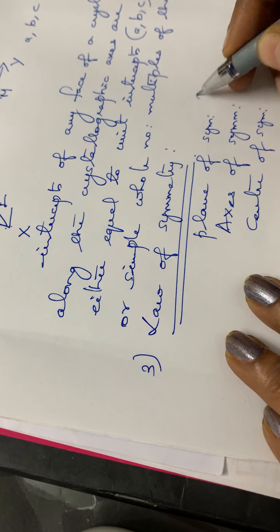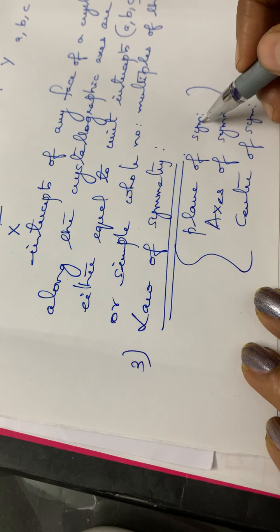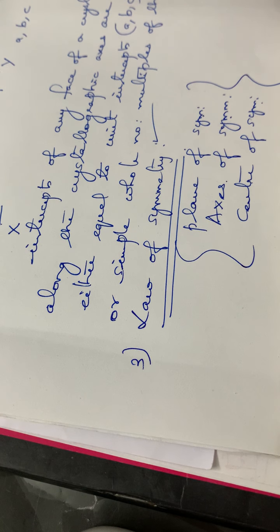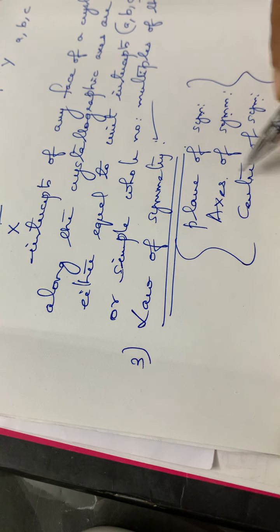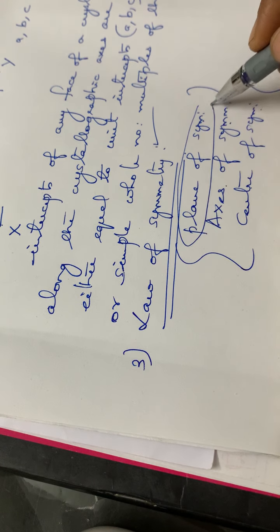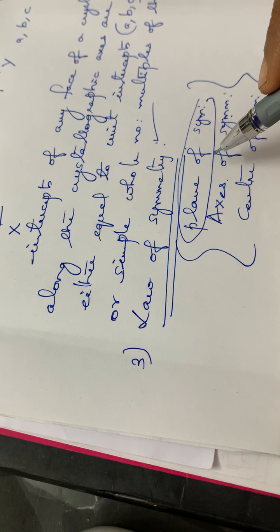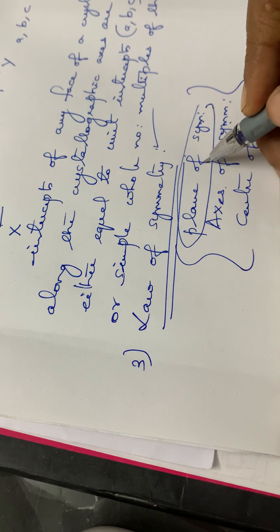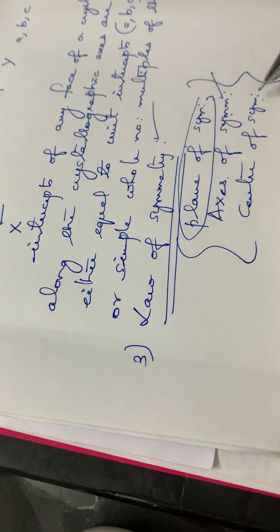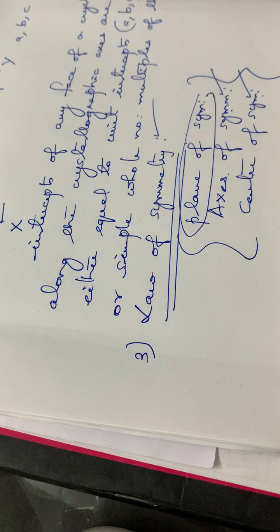The definitions of these three, the plane of symmetry, axis of symmetry and center of symmetry, give the law of symmetry. A crystal will have a plane of symmetry if, when it is cut into two equal halves by a plane, one is the exact mirror image of the other. Likewise, the axis of symmetry as well as the center of symmetry we have discussed in detail in our previous session.